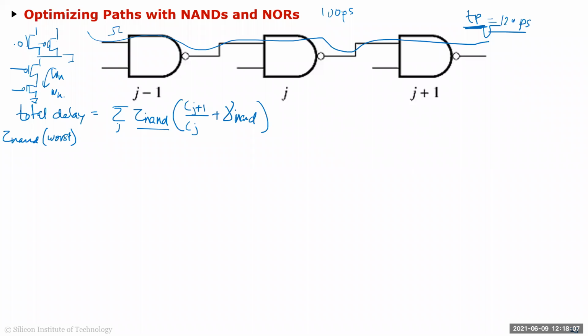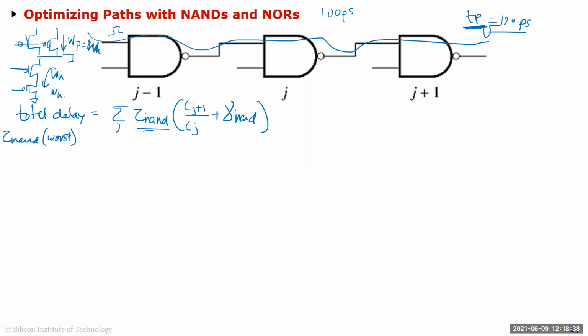But for this one, depending on whether both inputs are transitioning or just one of them, it will be slower or faster. We take the worst one. So let's say this was WP, then this will be R of WP times CL, which is the worst case delay. So that'll be the delay here.